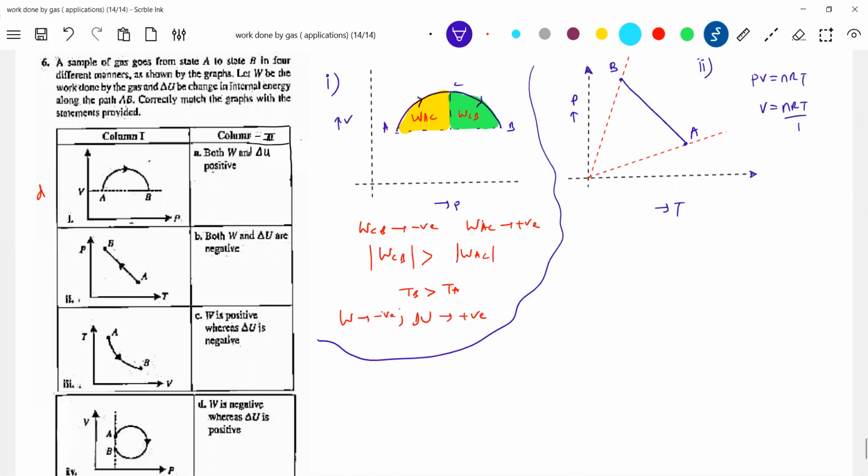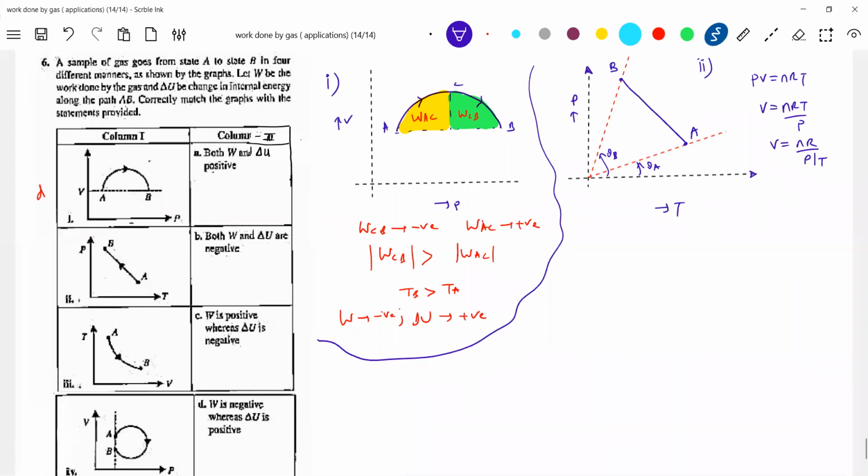So V equals nRT by P, or V equals nR times T by P. Where the slope is more, here the slope is more. If slope is more for this curve, then volume should be less. So this is theta B. This is theta A.